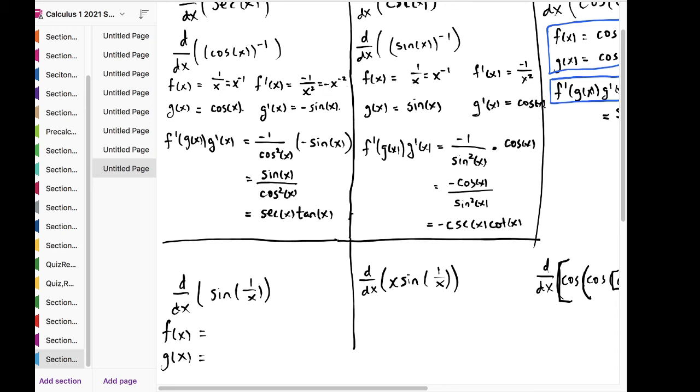How are they close? There's one main difference between sine of 1 over x and cosecant. Just list the f and the g, and that will illuminate it.